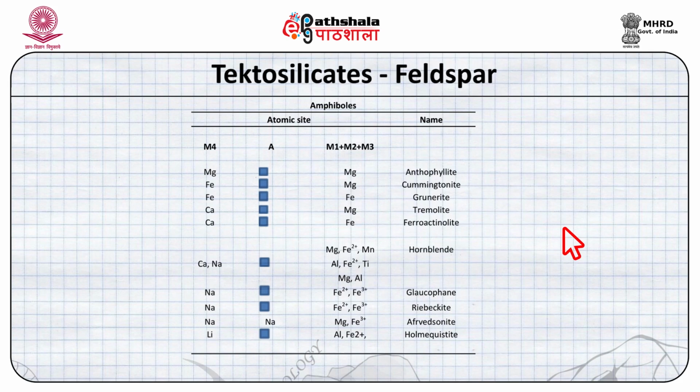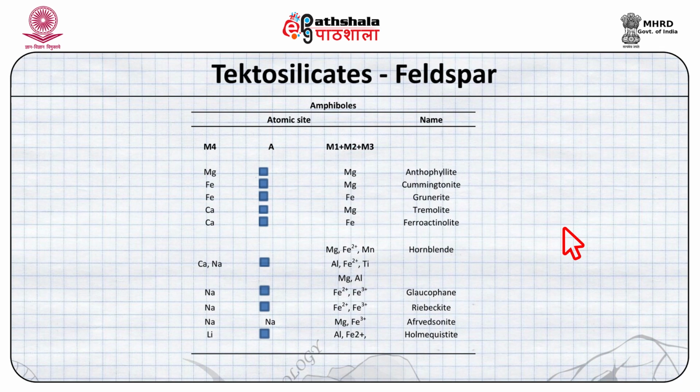In the case of glaucophane, which is present in very high pressure rocks, the M4 site is occupied by sodium and the M1, M2, M3 sites are occupied by ferrous and ferric irons both. In riebeckite, the M4 site is again occupied by sodium and the M1, M2, M3 sites are occupied by ferrous and ferric iron.